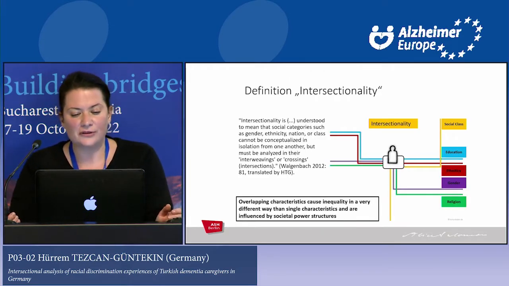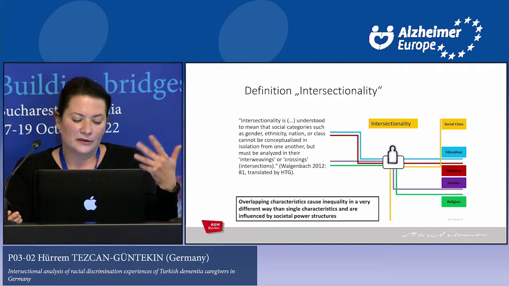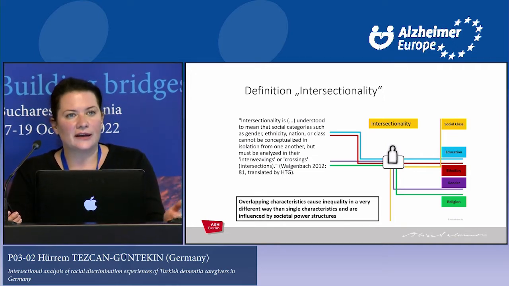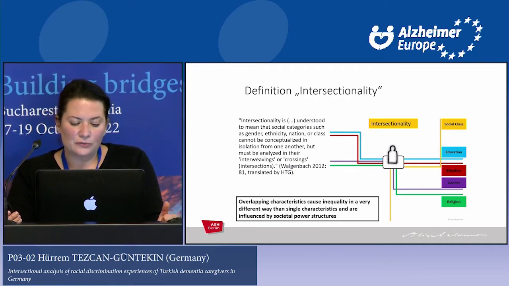A short definition of intersectionality. In the critical diversity discourse, intersectionality is a central construct. There are different definitions of this. It originates from the women's movement of the 1970s in the US and refers to the multiple discrimination of Black women in the professional environment.